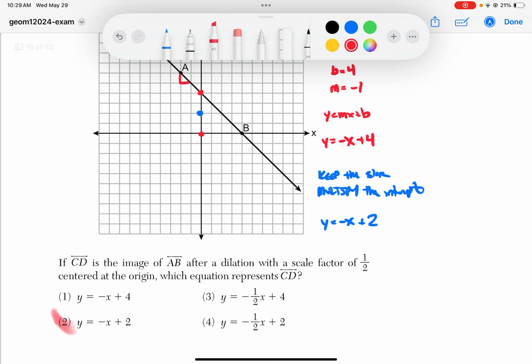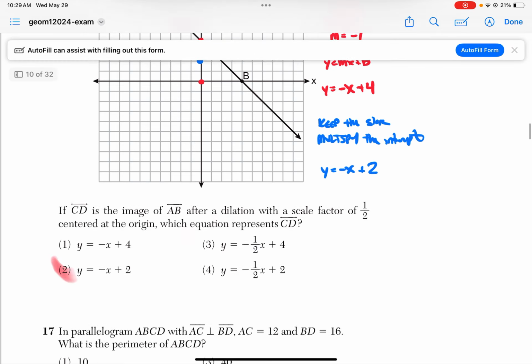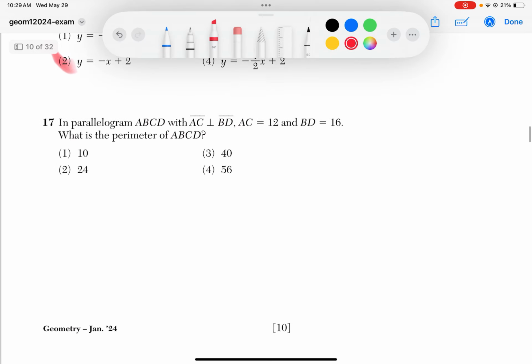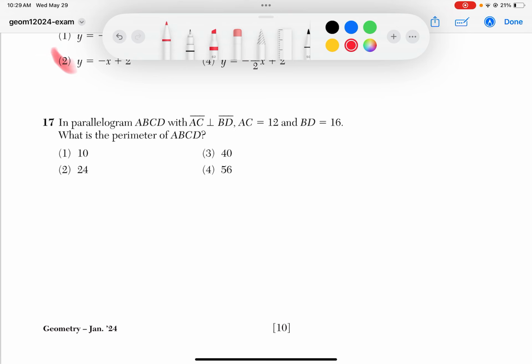Making good progress. Number 17, the toughest multiple choice question on this entire Regents. If I give you a parallelogram, so let's just draw a rectangle right now and think about what it might mean later. So A, B, C, D, and those are diagonals.